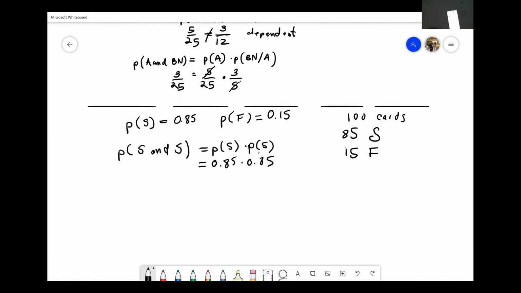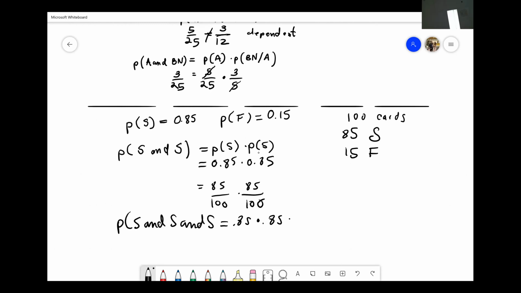The probability of S and S would just be 85 out of 100 times 85 out of 100. And if I ask the probability of S and S and S, it will just be 0.85 times 0.85 times 0.85. Does that make sense?